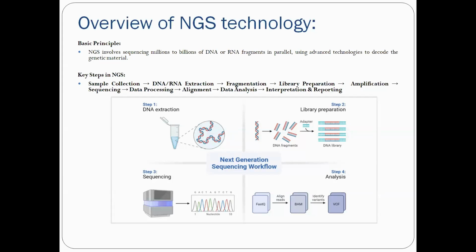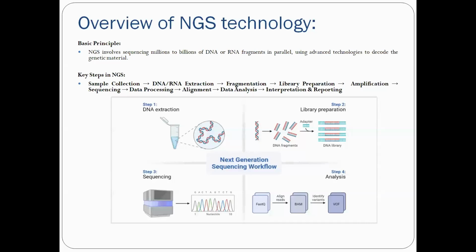For library preparation, the DNA is fragmented and then bound to adapters, which are small nucleotide sequences that bind with the fragmented DNAs and help in amplification of these libraries.